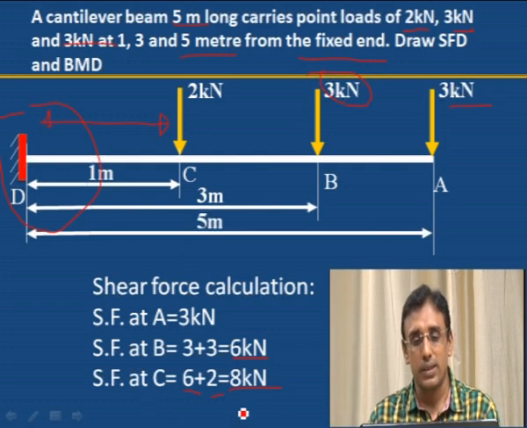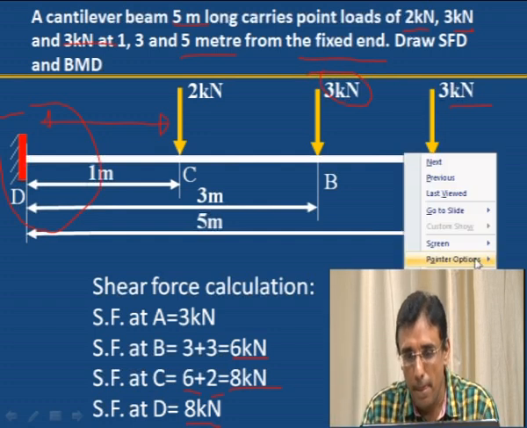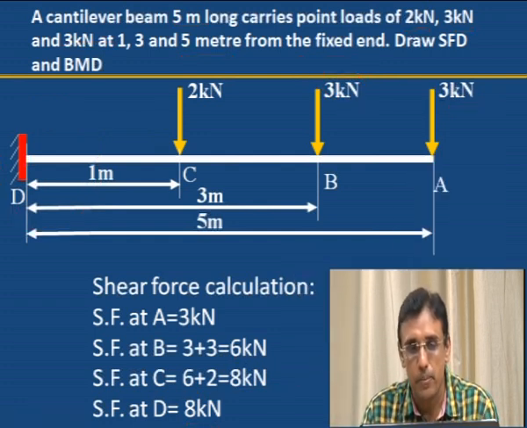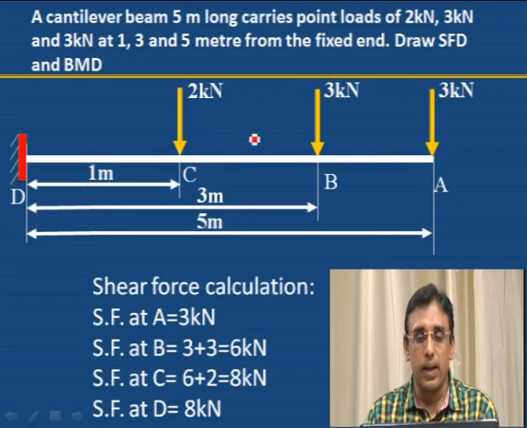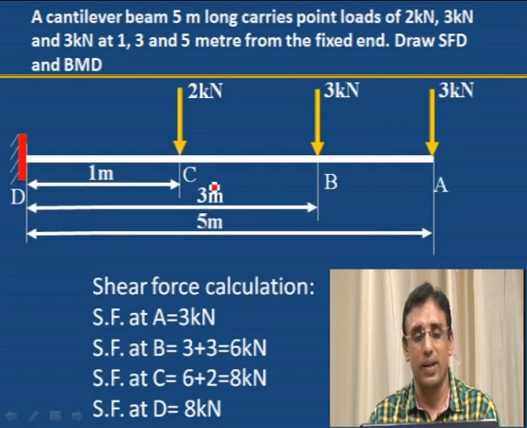It is the same as the shear force at C. 3 plus 3 plus 2, 8, same 8 kilonewton value at D. Maximum shear force occurs at the D point. Like this we can calculate for any number of point loads. We have to keep on adding the forces at that particular point. We will get the shear force.